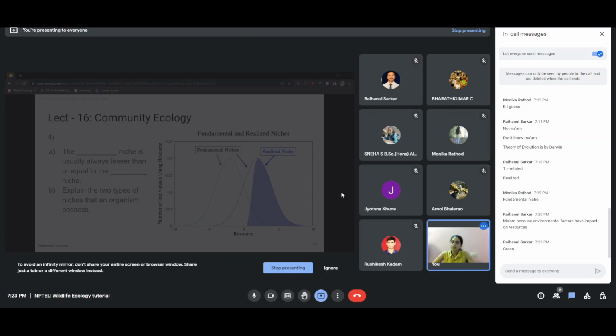You can decipher from this that since the realized niche of the purple species is much lesser than its fundamental niche, the green species is probably competing and is more successful than the purple species in utilizing a particular resource. So, keeping this in mind, what does this tell us about the realized niche of the green species? Is it larger or smaller than that of the purple species?